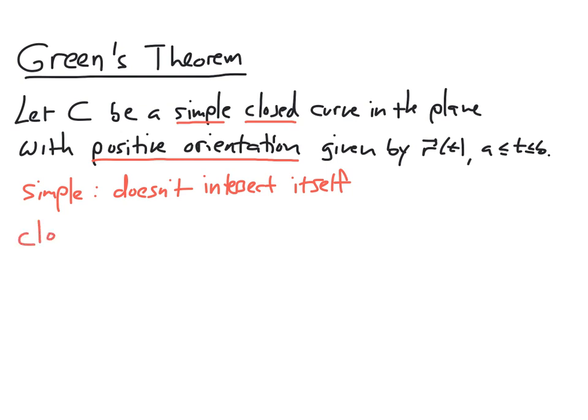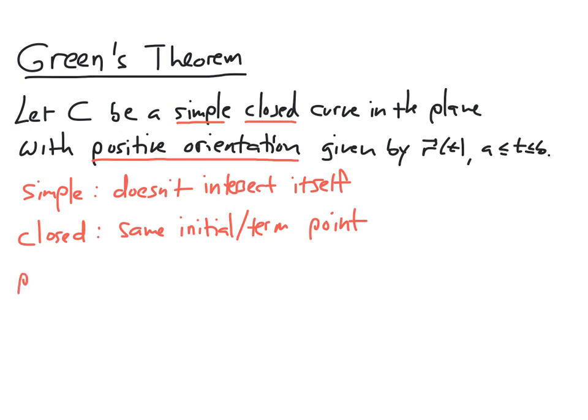Closed we have used before, but just to be complete, we'll indicate that definition again. A closed curve just means it has the same initial and terminal points. So the curve starts at the same point and it ends at the same point. Since it's simple, that is the only point which will lie on the curve twice; no point in the middle of the curve will intersect itself.